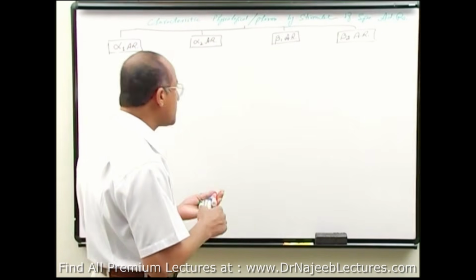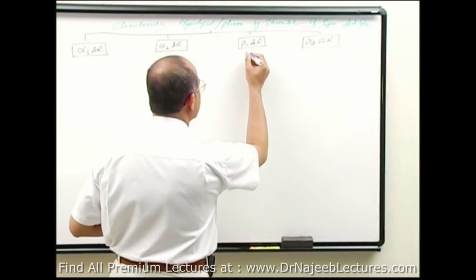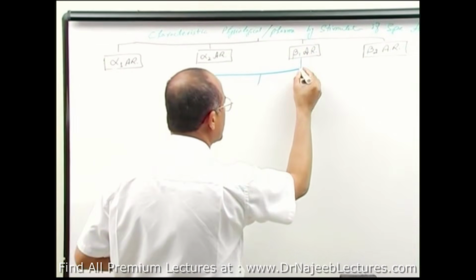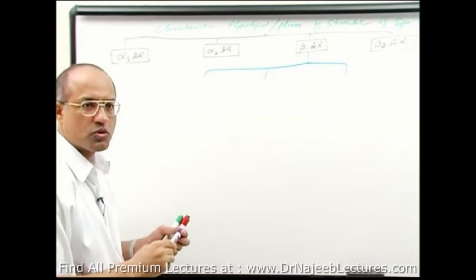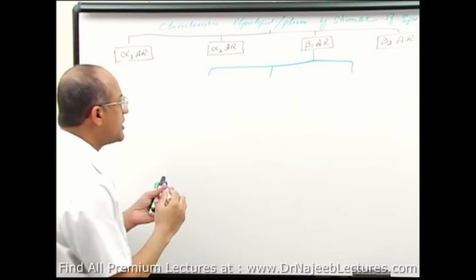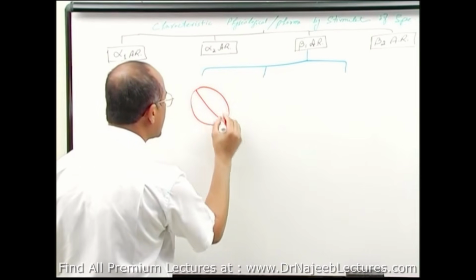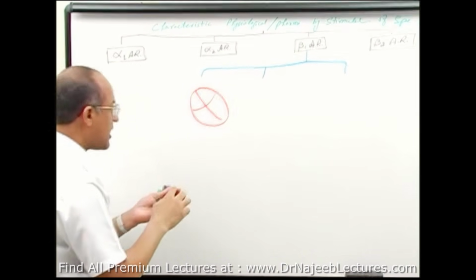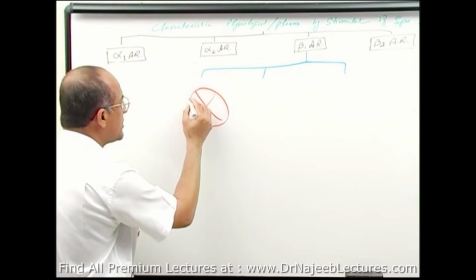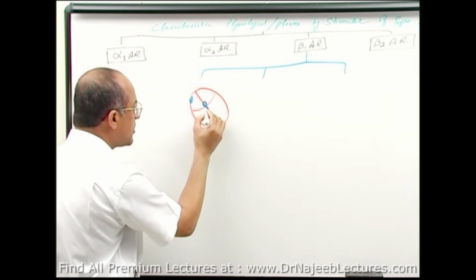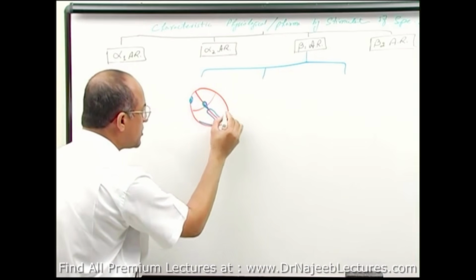You must be knowing that beta 1 receptors are distributed in three important tissues. What are those tissues on which beta 1 receptors are present? Yes, please. Number one is your heart. Your heart has beta 1 receptors. In the heart, you know, there is SA node, there is AV node here, bundle of His and Purkinje system.